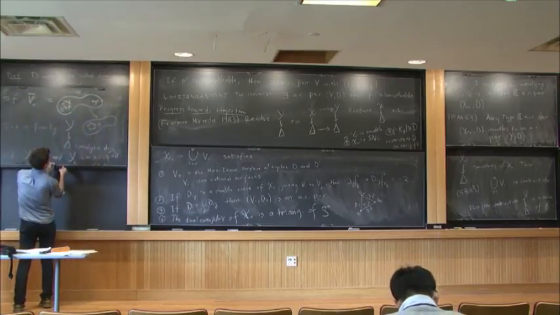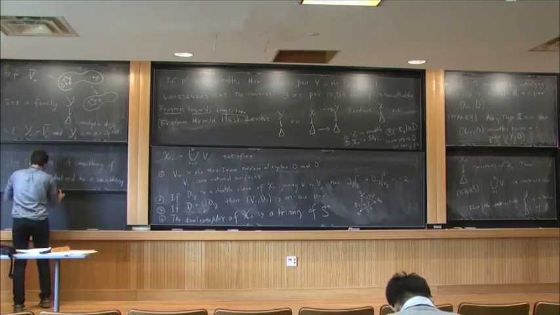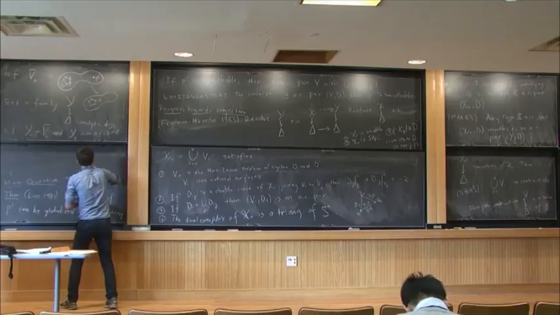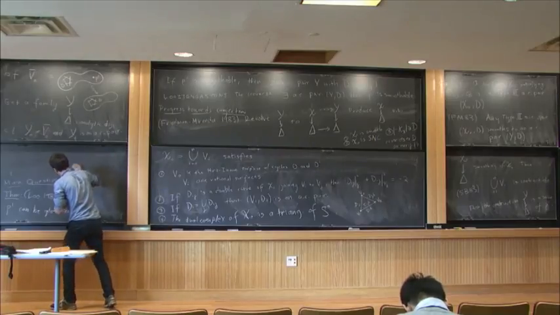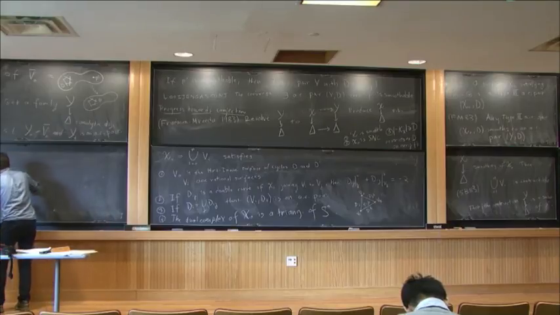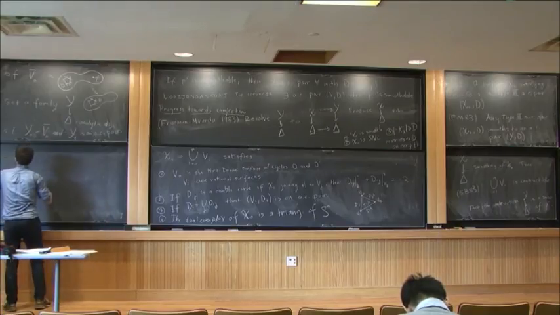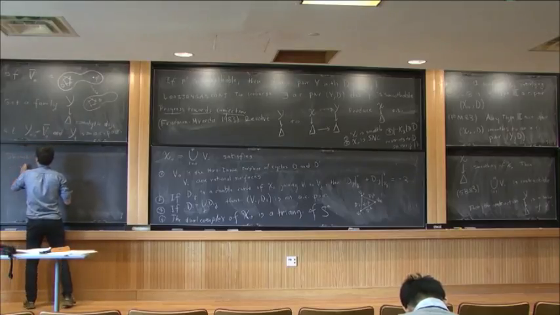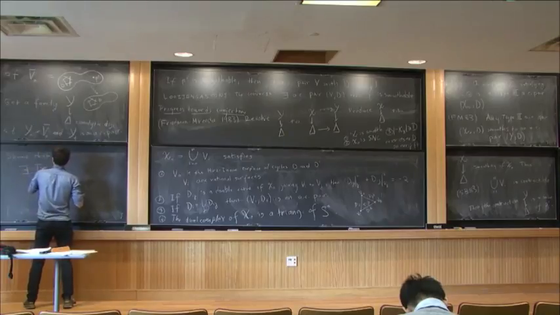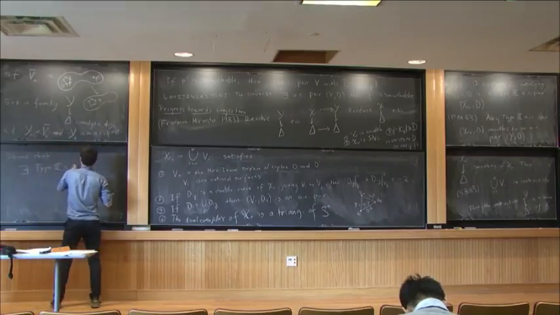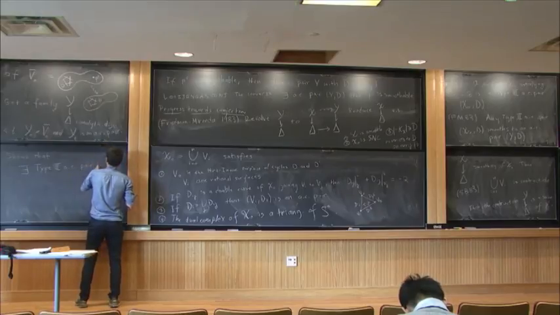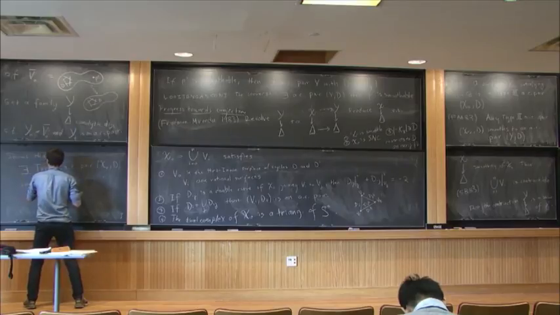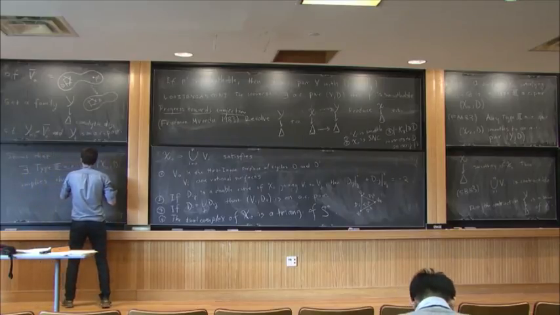I'll do an example soon of a type 3 anticanonical pair. But first, let me mention what this shows: the existence of a type 3 anticanonical pair X naught, D implies that P prime is smoothable.